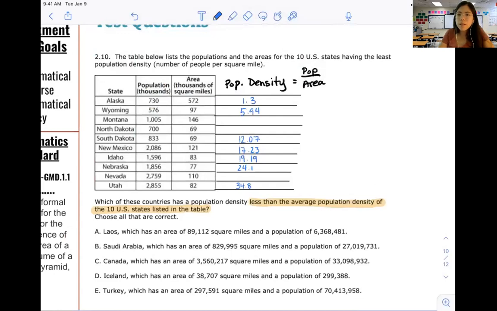And then Emily, you got 6.9 and 10.1. I'm just missing Nevada. Jalen. Okay, just divide. Population divided by area.